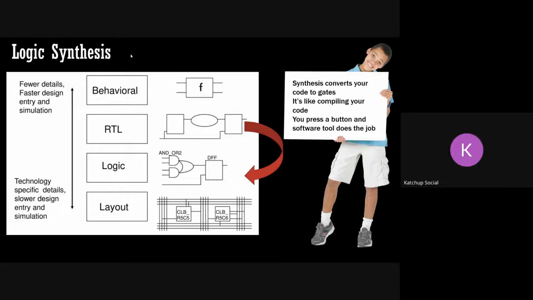And then after RTL coding, a software tool will convert your code into gates, AND gates, OR gates, flip flops, primary functional elements. It's like your compiler, right? A compiler converts your Python or whatever code to an object file. Similarly, synthesis converts RTL to gates.